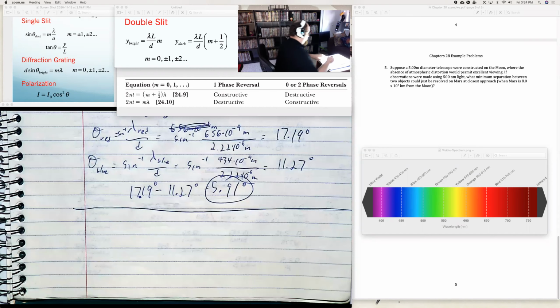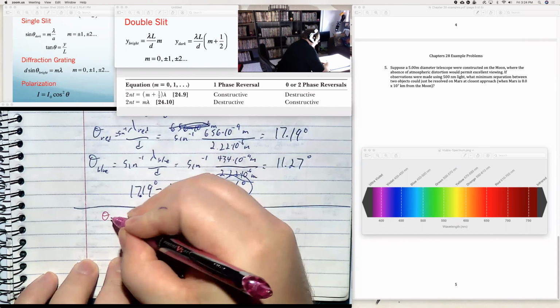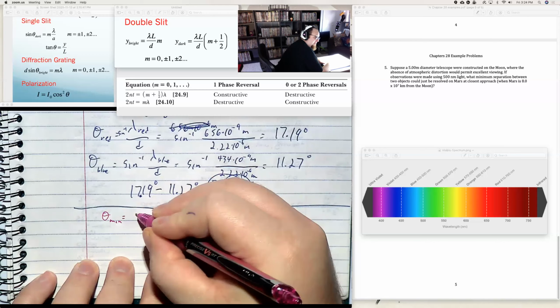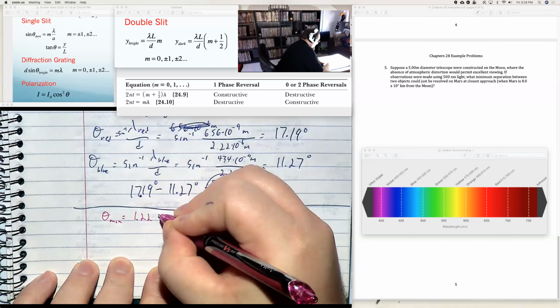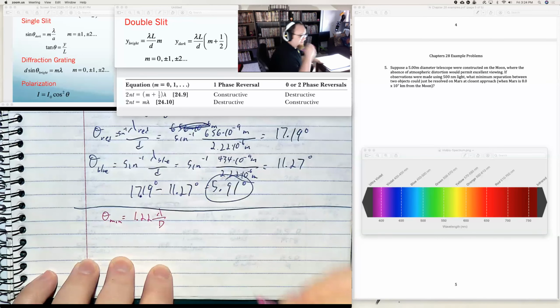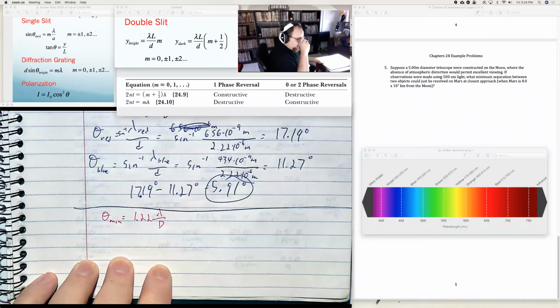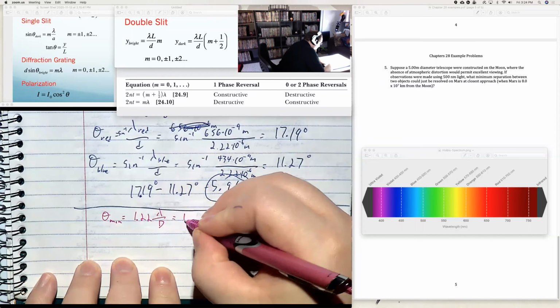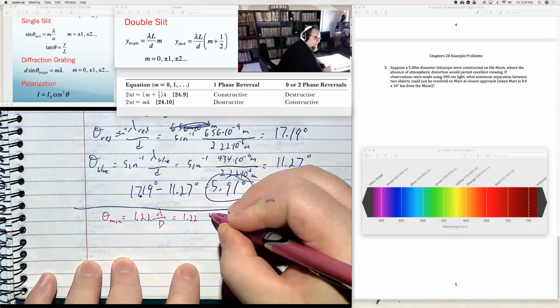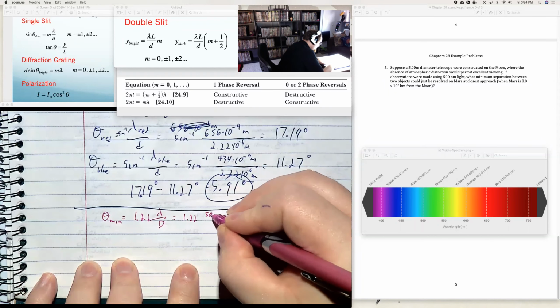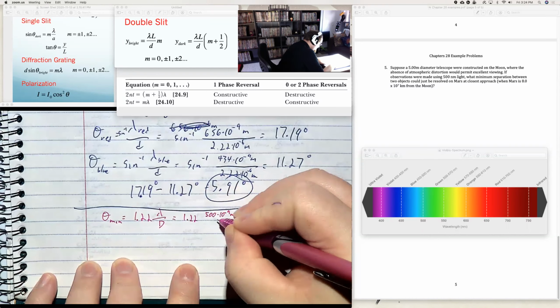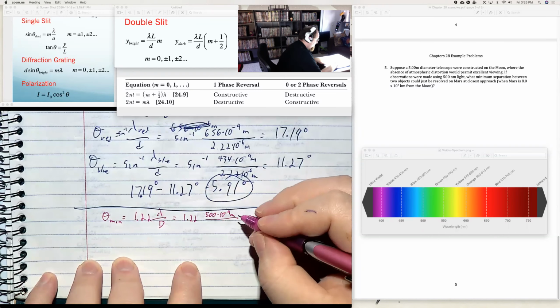For looking at resolution, the minimum angle of resolution for a round aperture is 1.22 lambda over d. That means the angle will be 1.22 times 500 nanometers over the diameter.